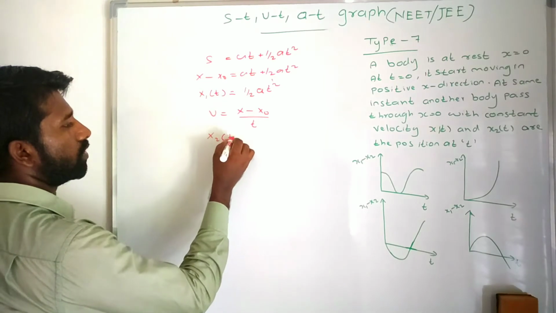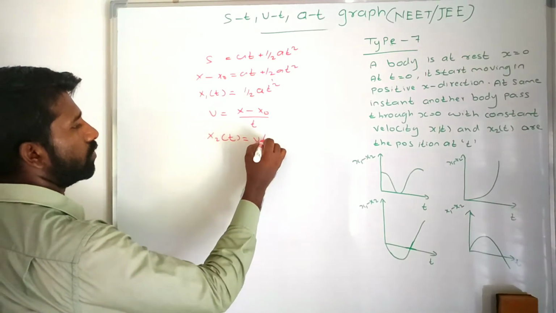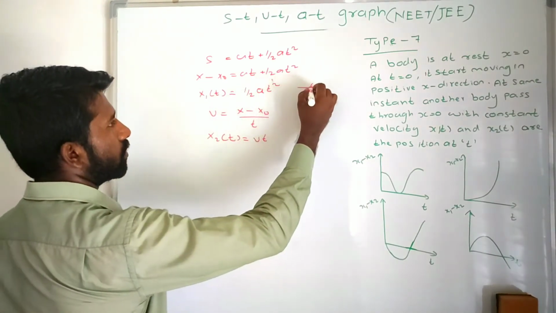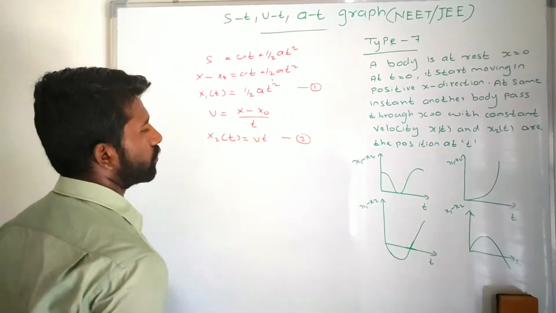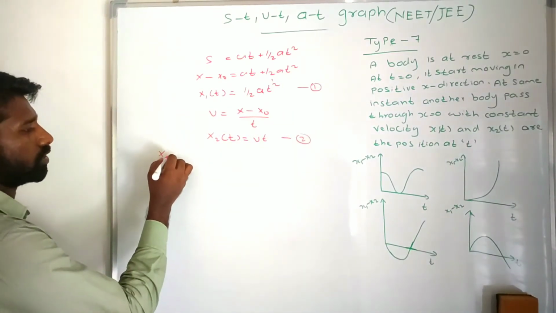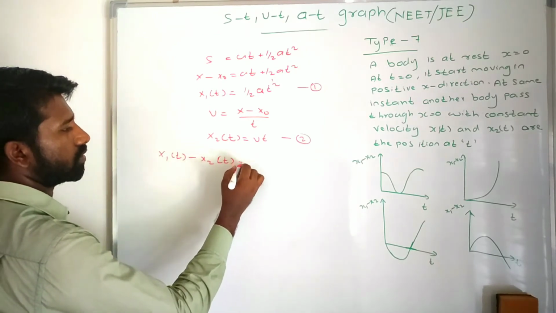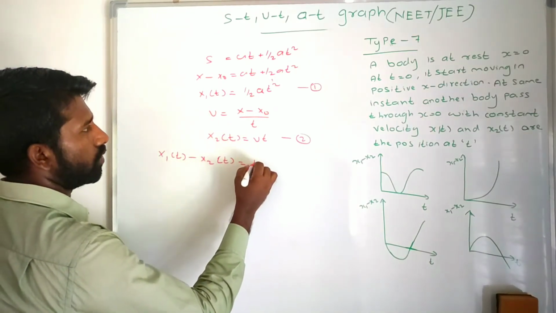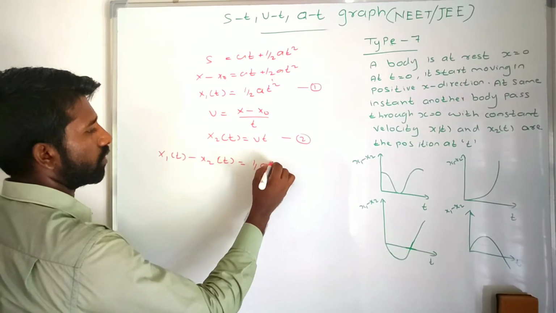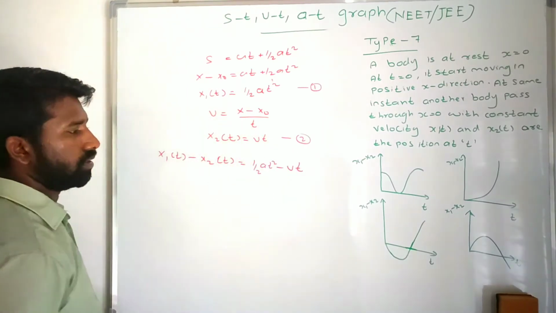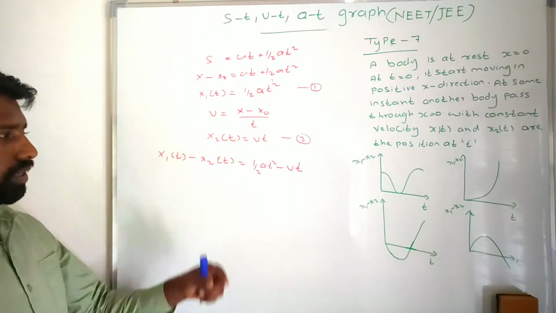So x2 of t is equal to what you will get? v into t. These are equation number 1 and equation number 2. If we need to find x1 of t minus x2 of t, what do you get? That is equal to half at square minus vt. This is the variation.